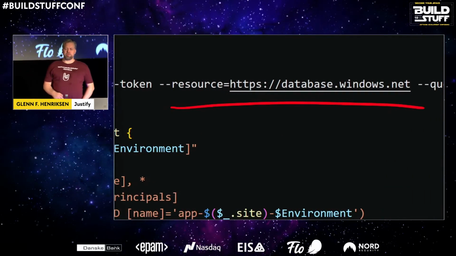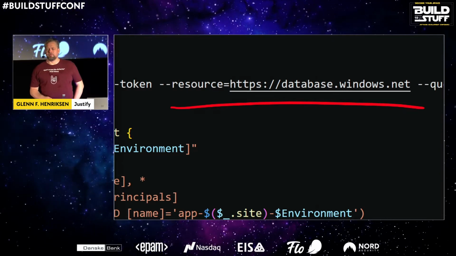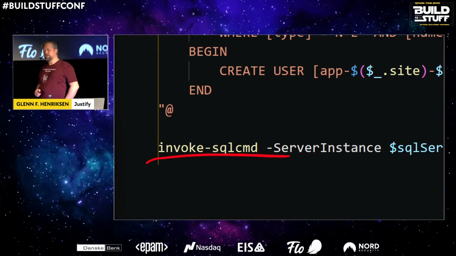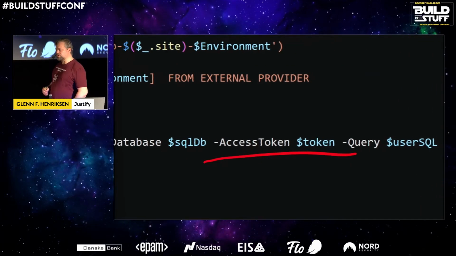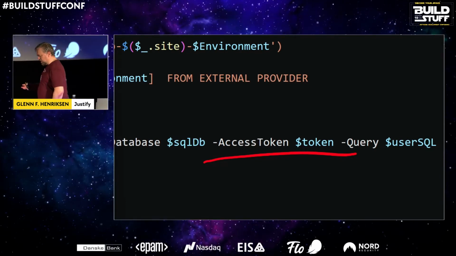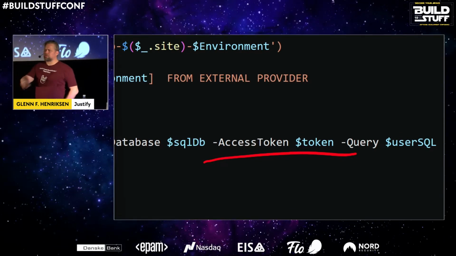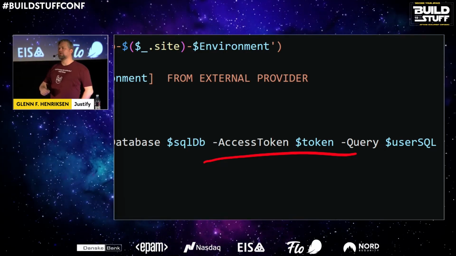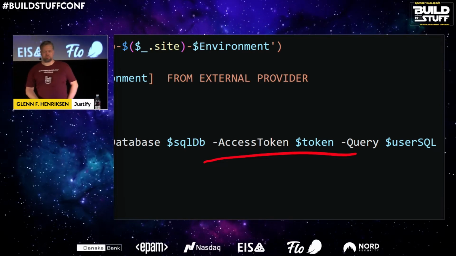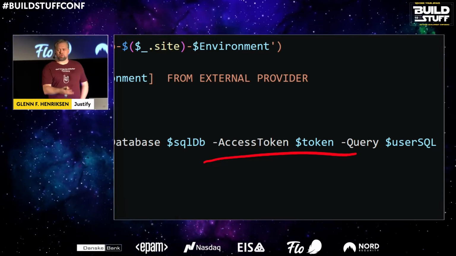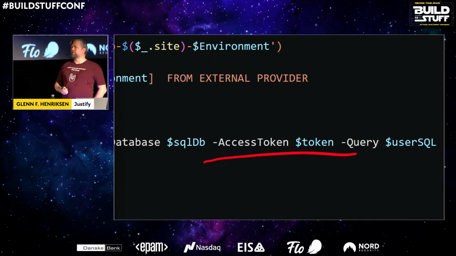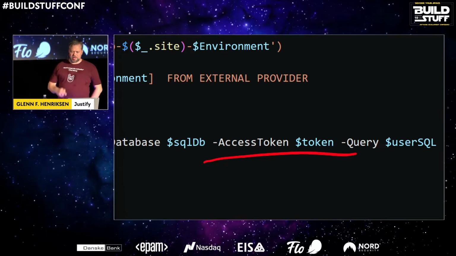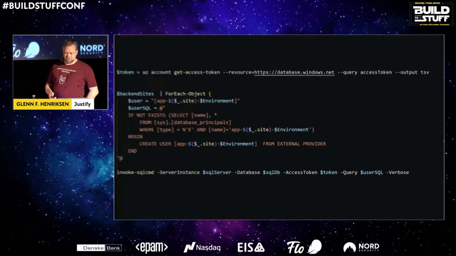And we want this token to be for the database. And then we can use the Invoke-Sqlcmd PowerShell command, and attach that token to the command. So as long as the user identity I'm running my script as has permissions to the database, I can ask for a token, get it, and then use that token to access the database. Which means my script doesn't necessarily have to have any secrets or passwords in the environment variables and stuff like that. We'll get back to a little bit of that afterwards as well.